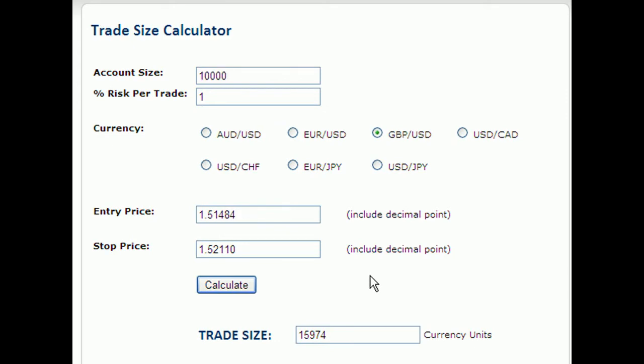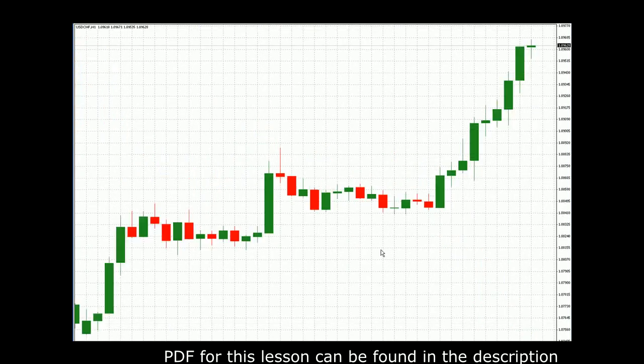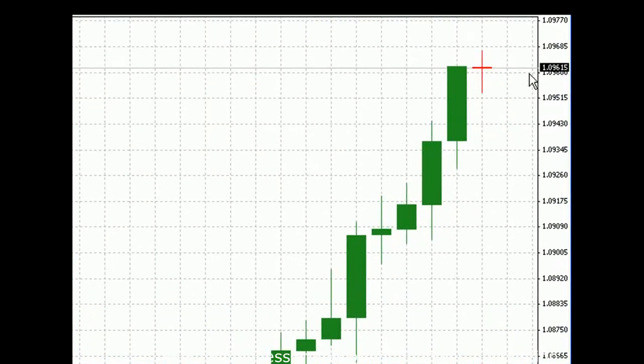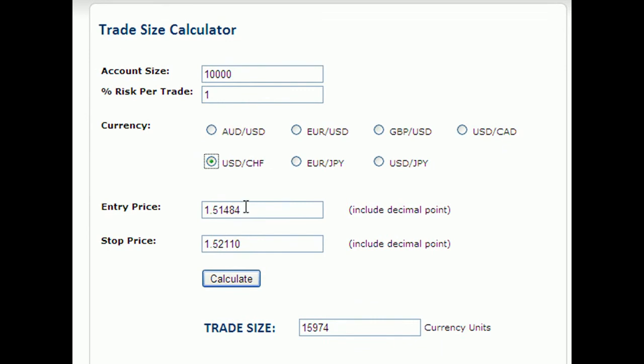So let's just quickly go over another example. Let's just say that we're looking at US dollar against Swiss franc, USD CHF on the hourly time frame. Let's say that you just wanted to enter this for a long, so we would be entering at 1.09620. So we'll select US dollar CHF, 1.09620.